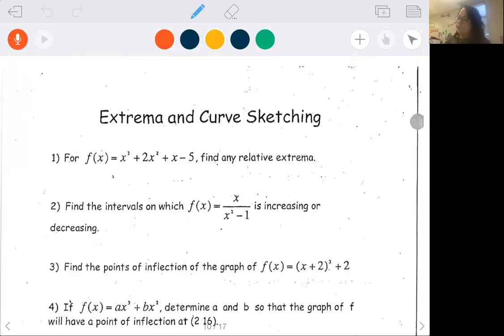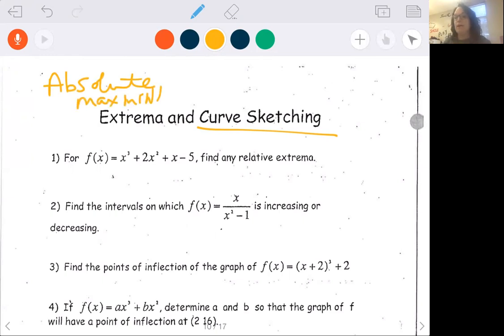Extrema and curve sketching, I won't have you sketch a curve, but I will ask you any of the following. I will ask you maybe to find an absolute min or max, or both, or relative min or max, or inflection points, or where a function's concave up or concave down when it's given as an algebraic function.